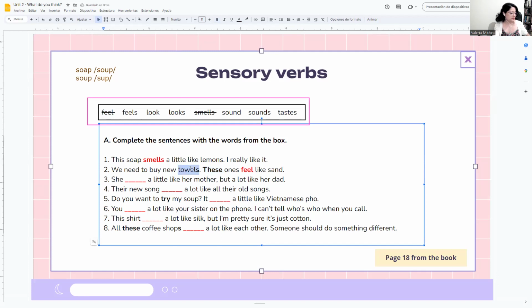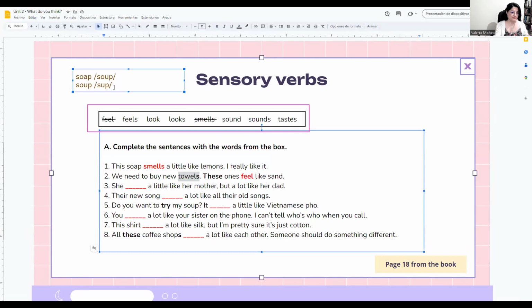By the way, we may find this interesting. Let me check the pronunciation of this word. It's like towel. It's not like the Spanish pronunciation.